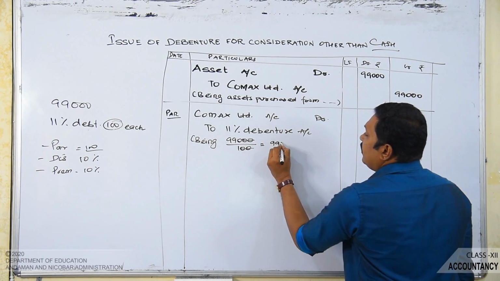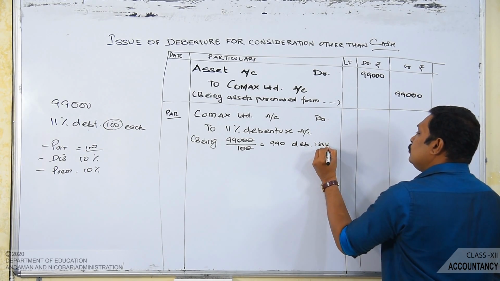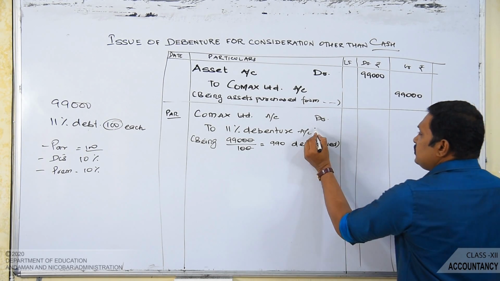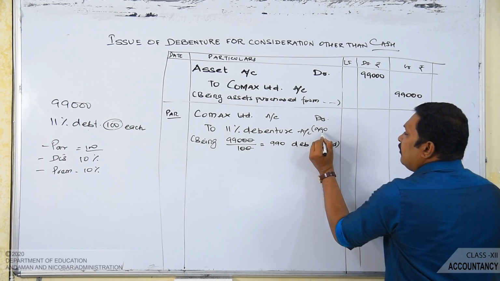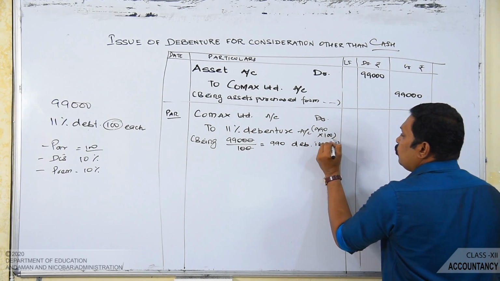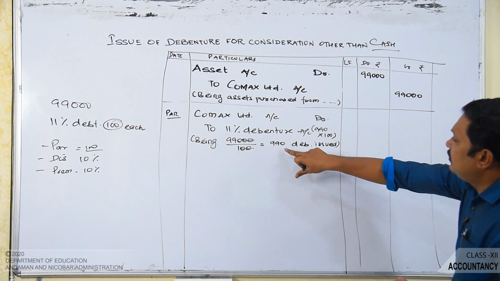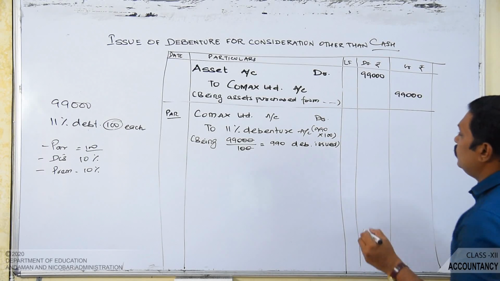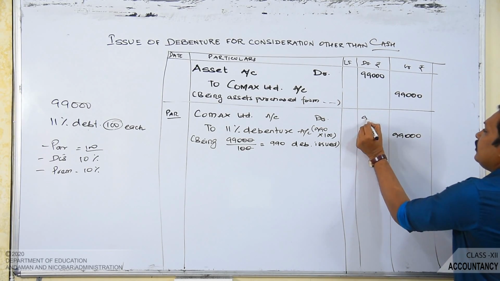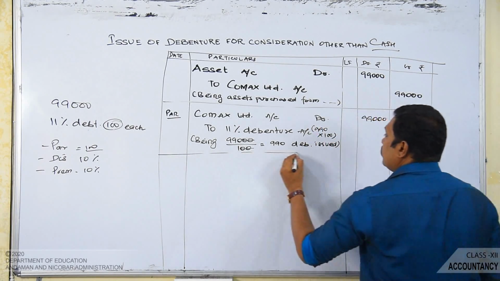We are issuing 990 debentures to Comax Limited. Right. So always multiply debentures with face value. 990 into 100. What is the face value of the debenture? 100. So you have to multiply the debentures into face value. That is 99,000 and 99,000. Very simple to solve, no?